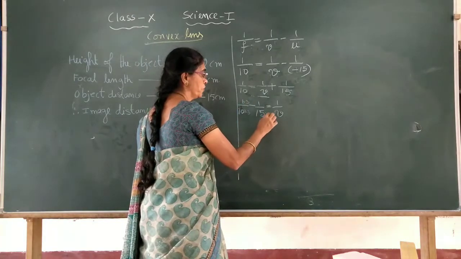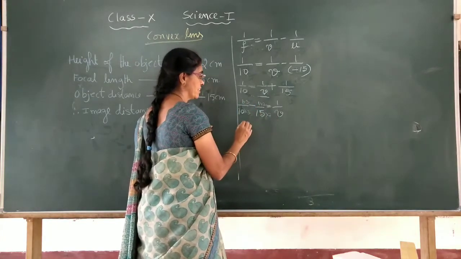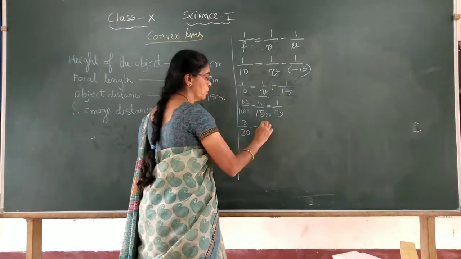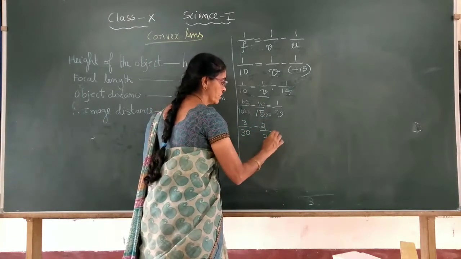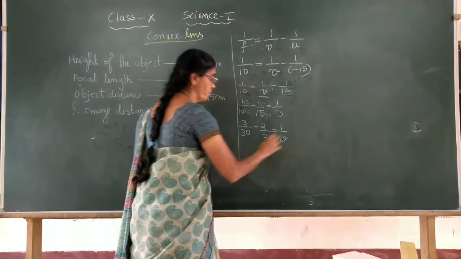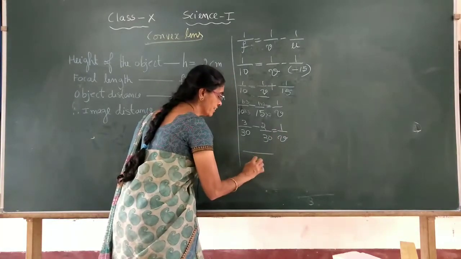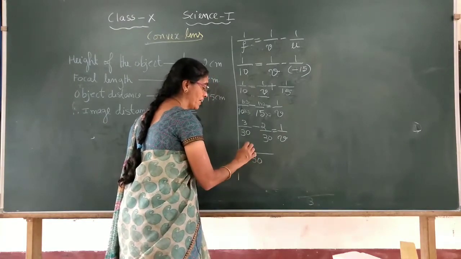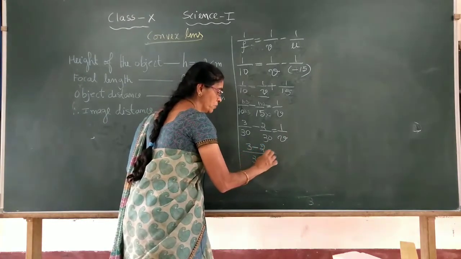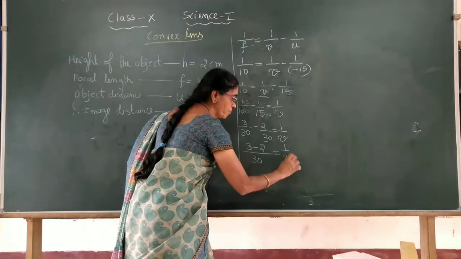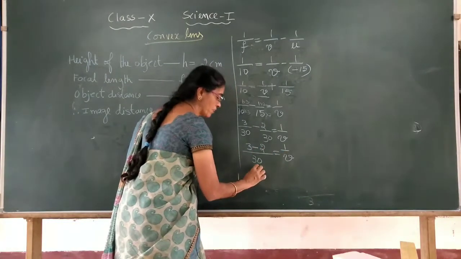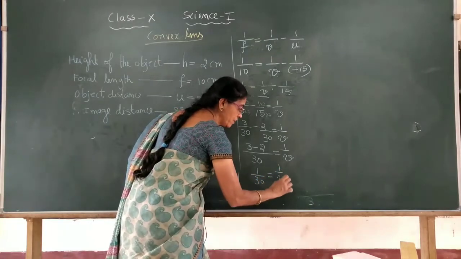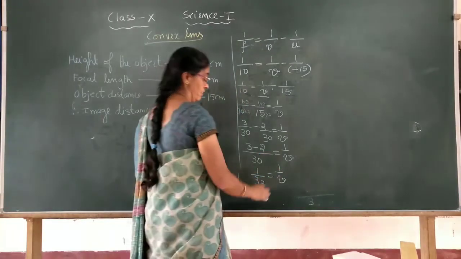Here 15 into 2, common denominator. So it is 3 by 30 minus 2 by 30 is equal to 1 by v. So common denominator 30, numerator is 3 minus 2 is equal to 1 by v. 3 minus 2 is nothing but 1 by 30 is equal to 1 by v.